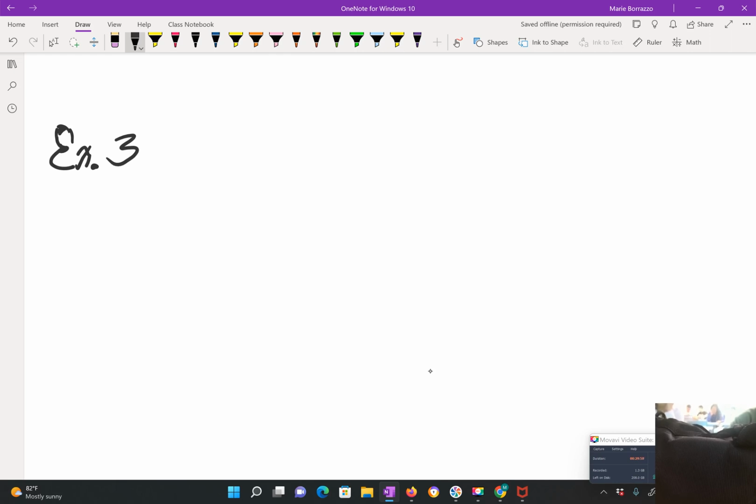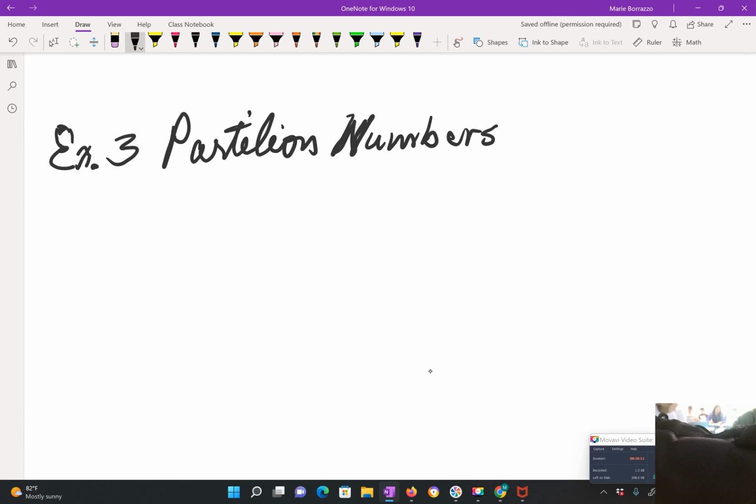Okay, so again, this is partition numbers for f, the first derivative, and critical numbers.